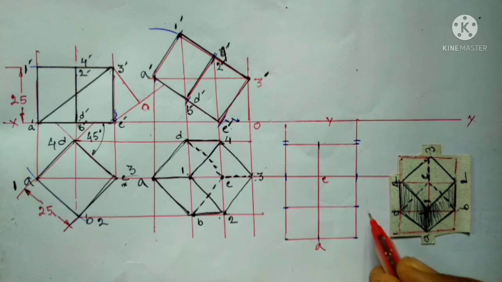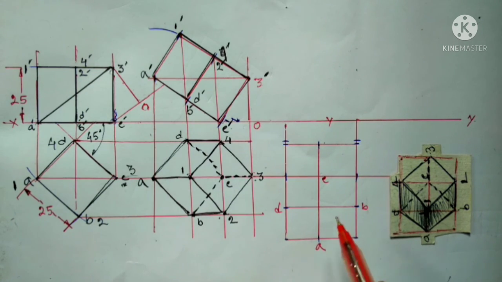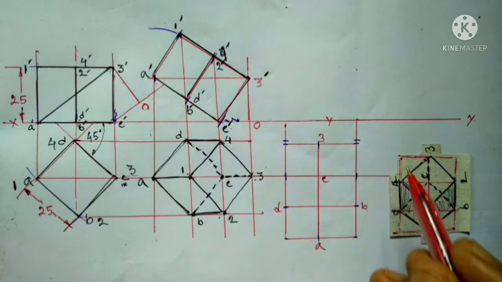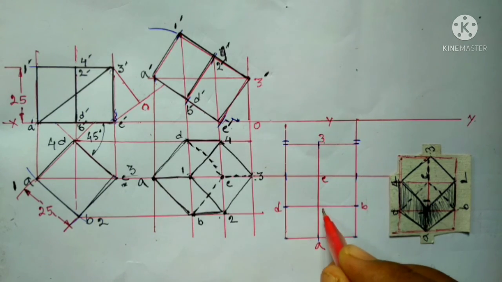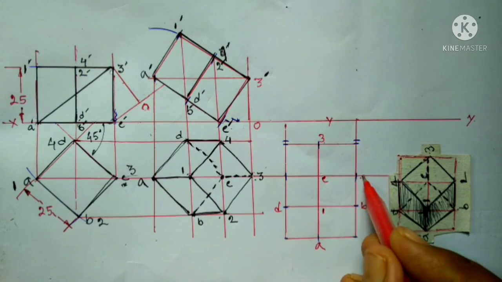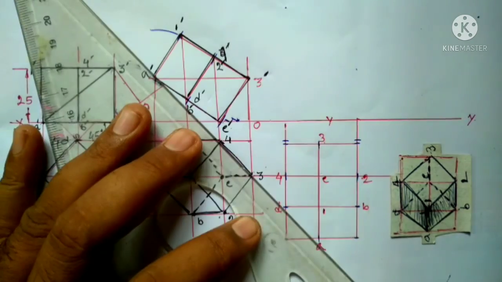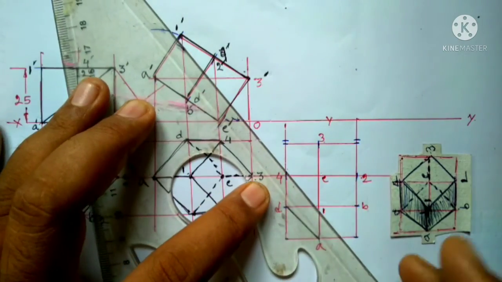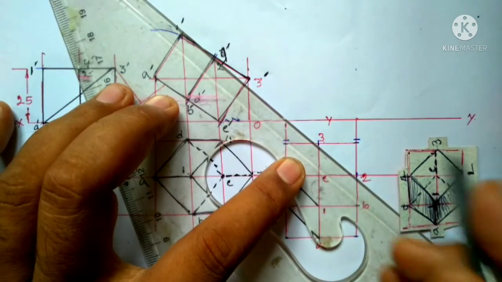Again, compare with this figure, mark the resting point C. Then mark the other points around this point. Now draw the top view with the help of this reference figure.